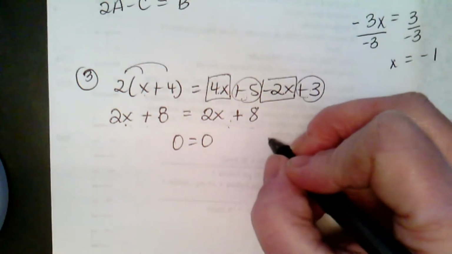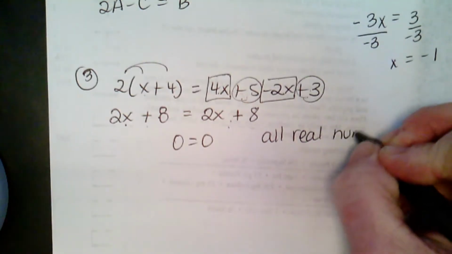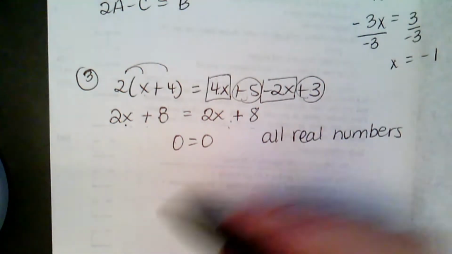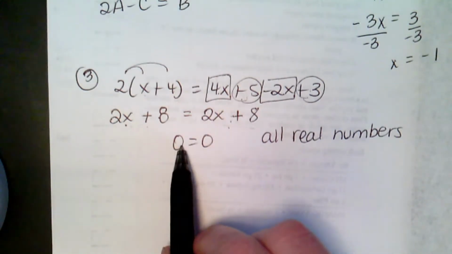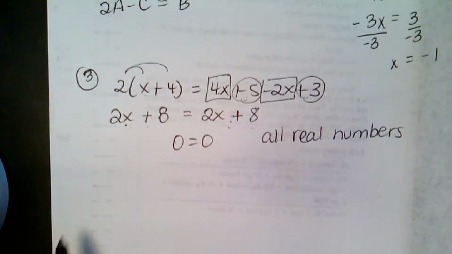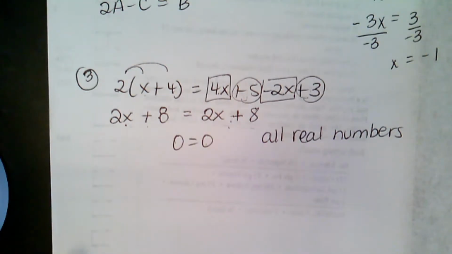When this happens, you can answer all real numbers. Also, infinite solutions is an answer too, but that's only when everything cancels out and leaves a true fact afterwards. No matter what you do with your x, it'll always be the same on both sides.